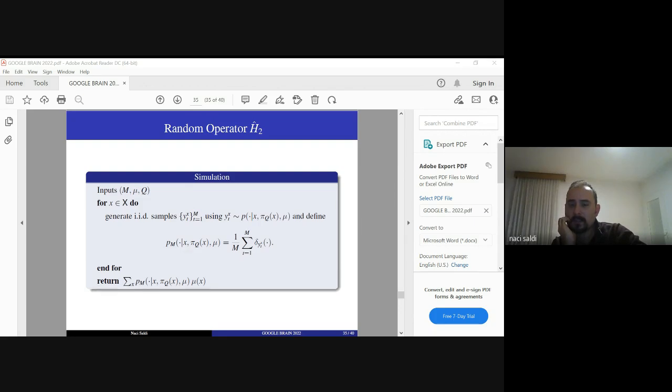And if this Markov chain is geometrically ergodic, then you can indeed obtain the error analysis as well. Yes, that makes sense. Thank you.